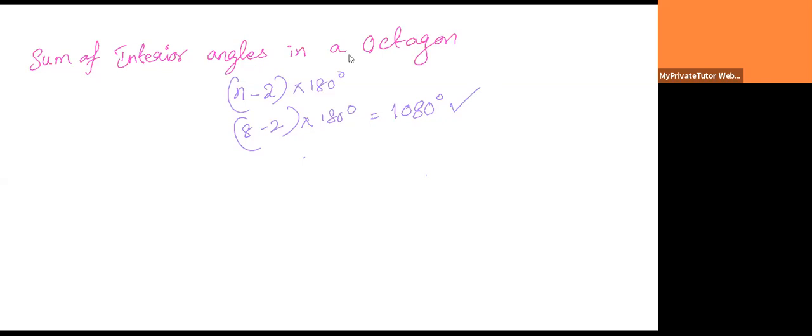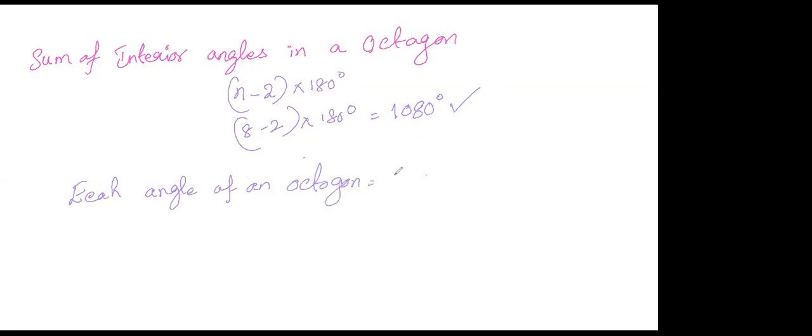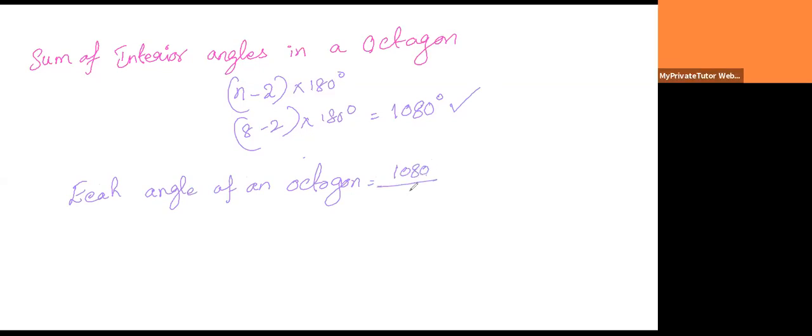So this is the total angles. Yes, Amira, you're right. Good. But can you please tell me what each angle of an octagon is? 1080 is the total angle, the sum of all the 8 angles.